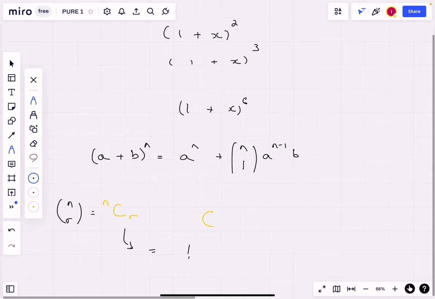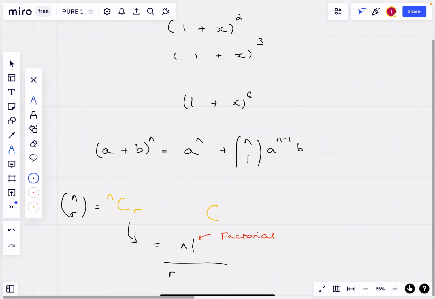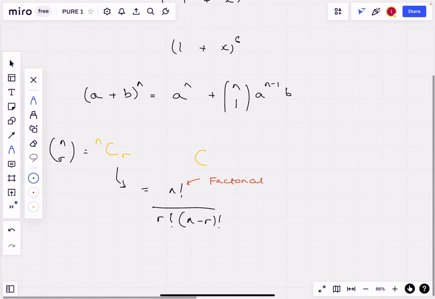The nCr basically condenses n factorial, and that's what we call this exclamation, factorial, over r factorial times n minus r factorial. That's really confusing. Let me explain what that means.